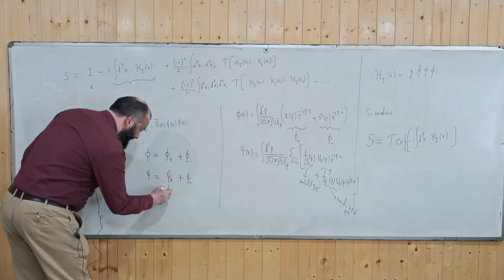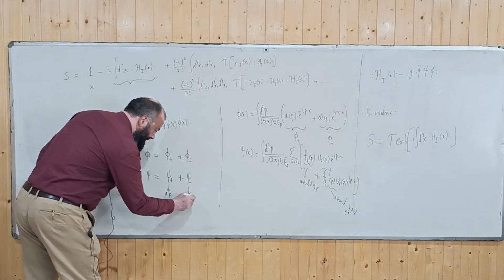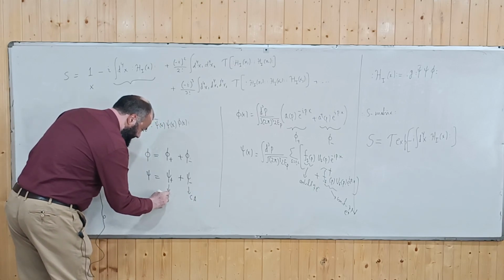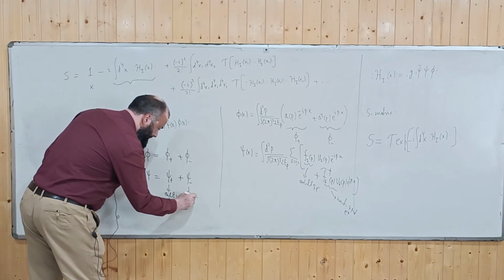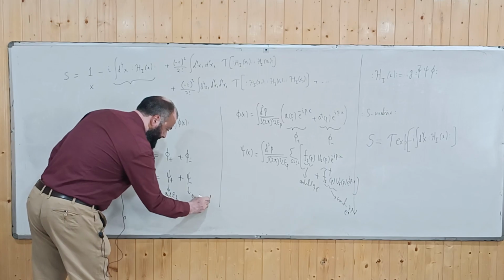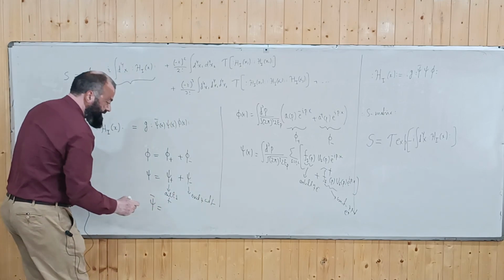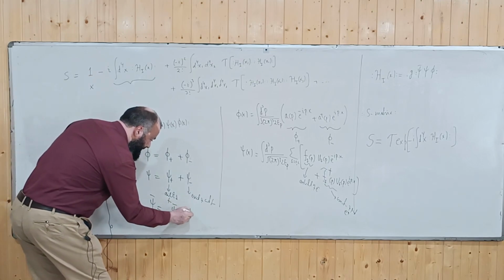This means annihilation of fermion, and psi minus gives you what? Creation of anti-fermion. Okay. So similarly, I will write now psi bar as psi bar plus plus psi bar minus.